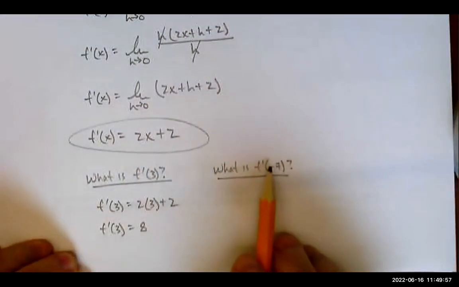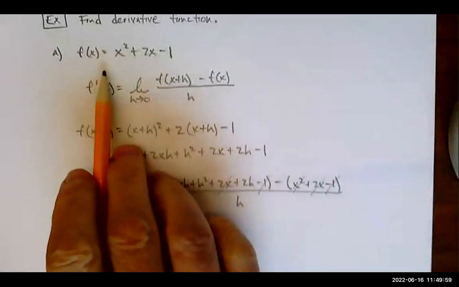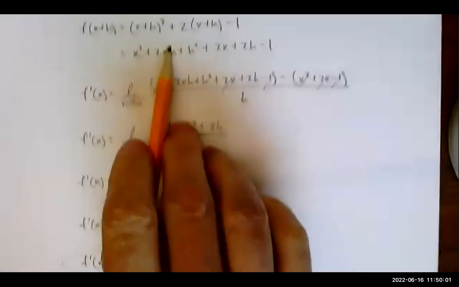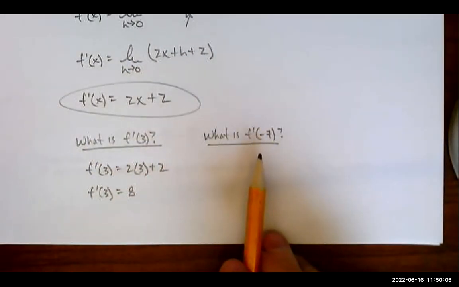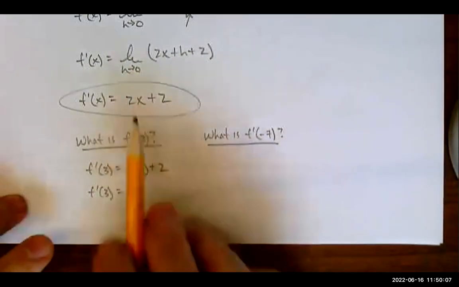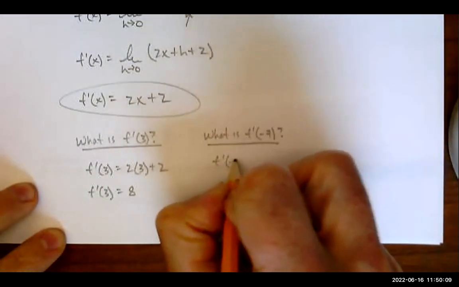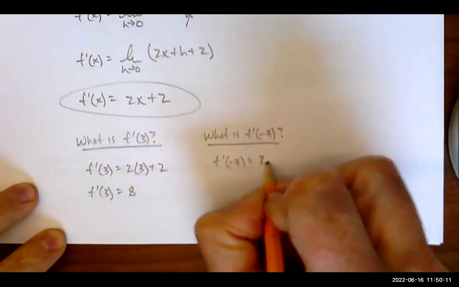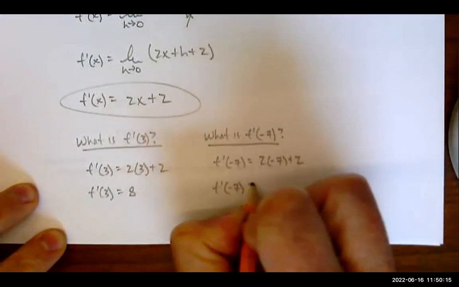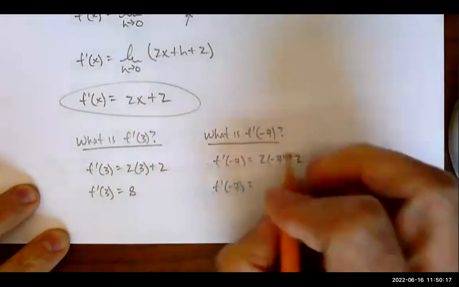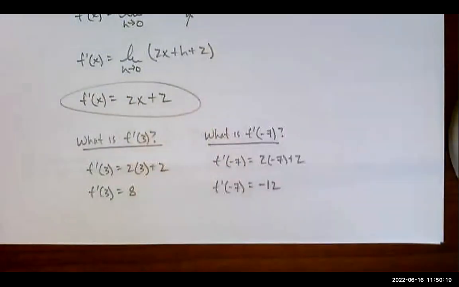I don't have to do a whole new question and do all this work again from scratch. I can go right here and say, well, f prime of -7 is 2 times -7 plus 2. So f prime of -7, what would that be? -14 plus 2, -12. And right away, boom, I got it.